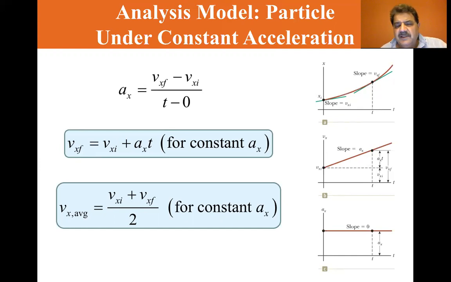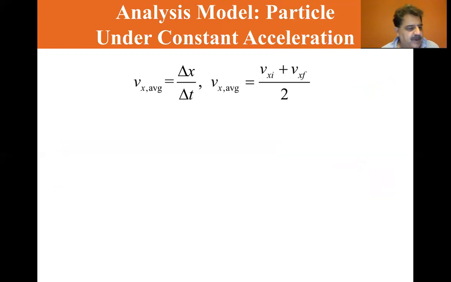You add the two values and divide by 2. So this is vxi plus vxf, v initial plus v final, divided by 2. That's the average velocity. Very simple. Very important: this only applies to constant acceleration.